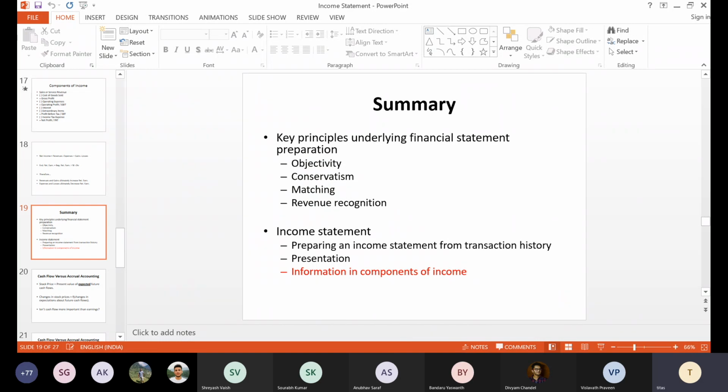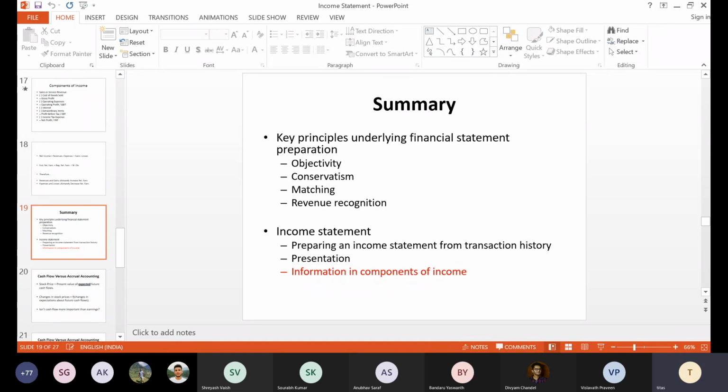These accounting principles affect the reporting, right? And in the income statement, we discussed how to prepare it from the transaction history, how to present it, the breakups, and the information in components of income.